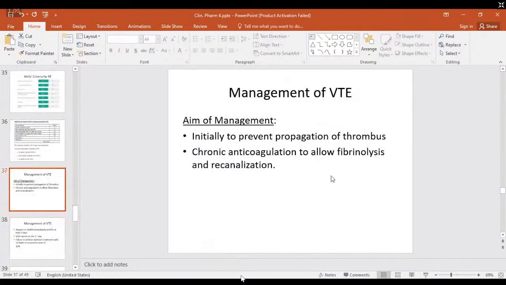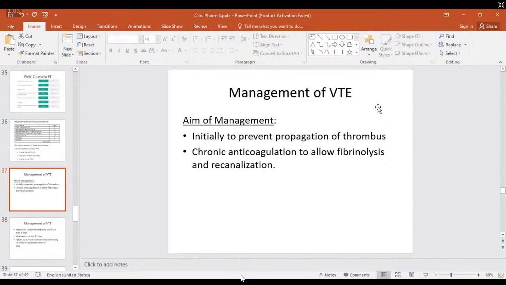What's the management of these two diseases, which we said are combined into venous thromboembolism or VTE? Well, first of all, we want to prevent the propagation of the thrombus. So we would like to make sure that the thrombus doesn't become even larger.